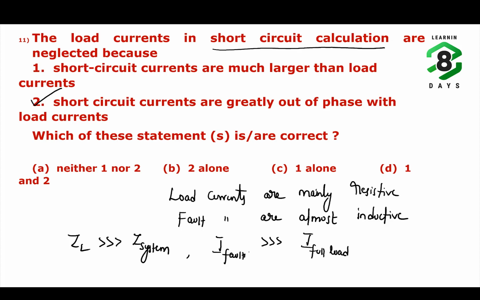So to simplify the fault analysis, we neglect the full load currents in fault analysis. So even this is true. So short circuit currents, that is fault currents, are much larger than the load currents, and short circuit currents are greatly out of phase with load currents. Both the statements are correct. Because of these two reasons, mostly to simplify the analysis, we neglect the load currents in short circuit analysis. So which is the right option? D is the right option in this case.